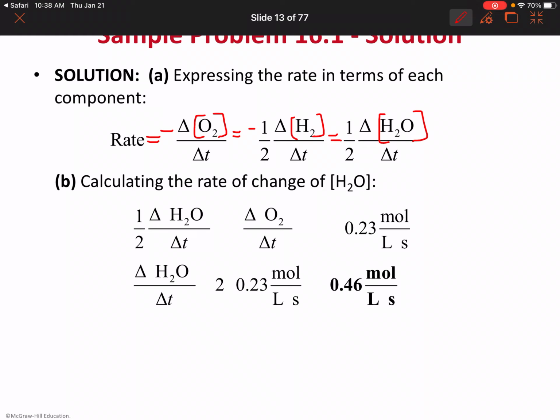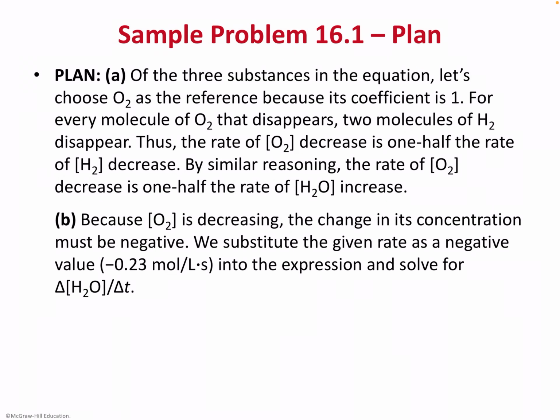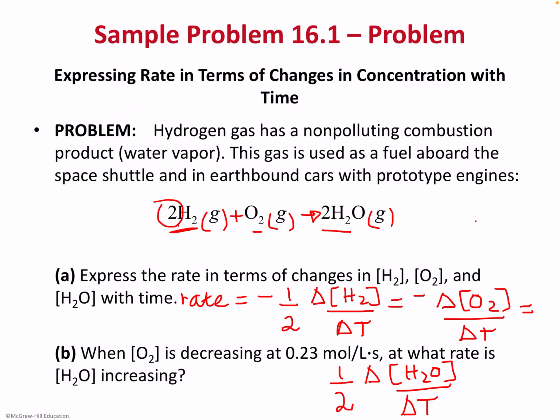Okay, and then we have another question to answer. The next question, part B: when oxygen concentration is decreasing at 0.23 moles per liter per second, at what rate is water increasing?